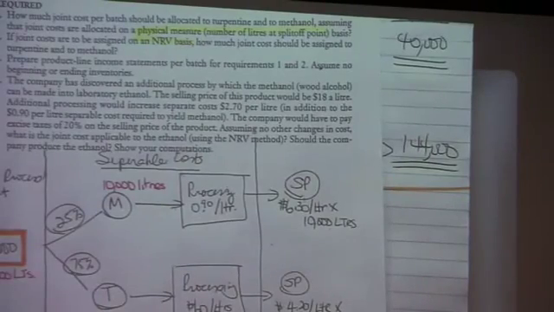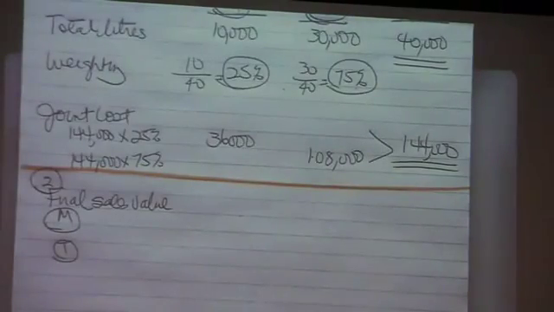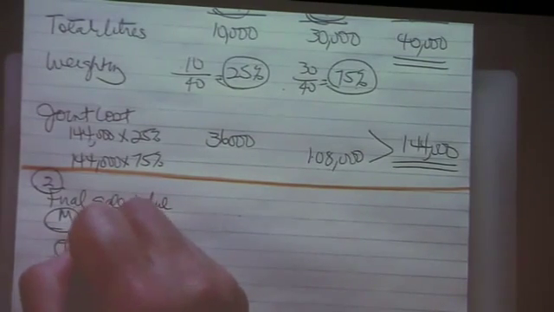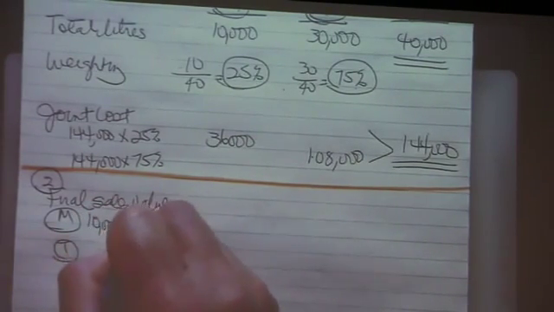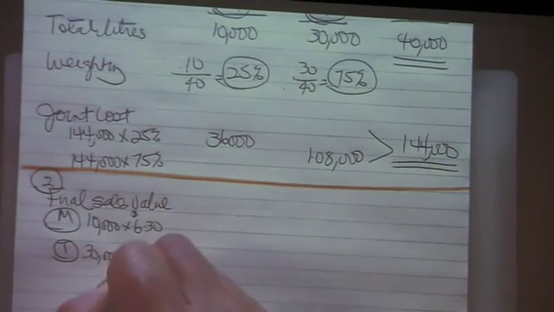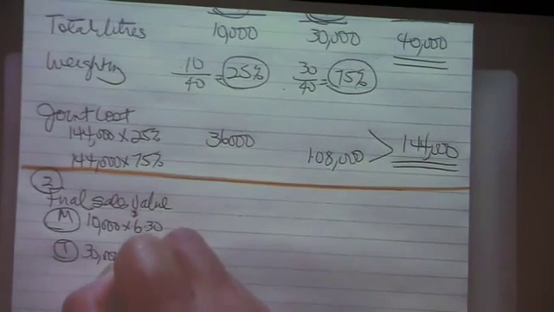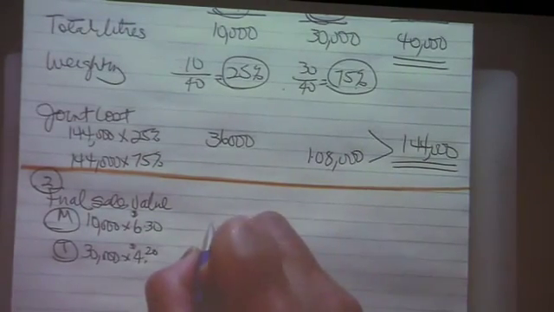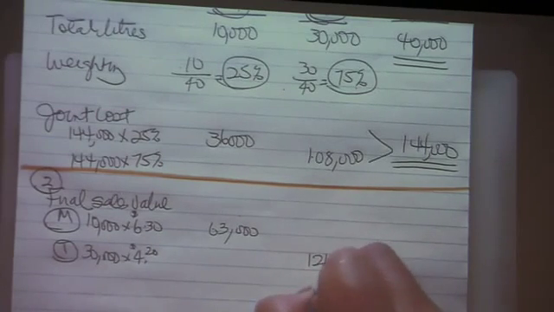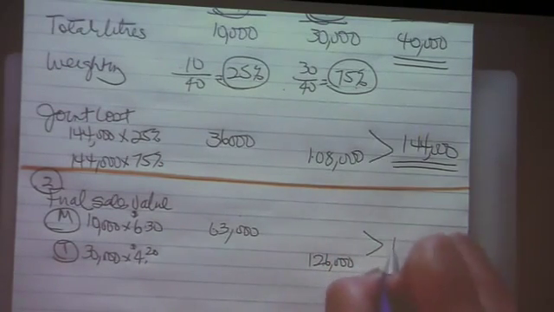And for T, it's $4.20 times 30,000 liters. So this one is 63,000. This is 126,000. Together is 189.